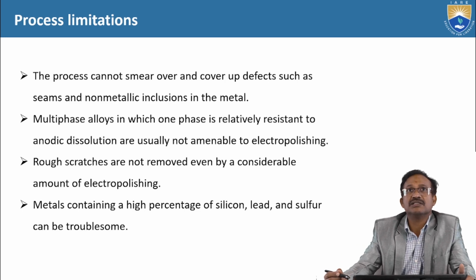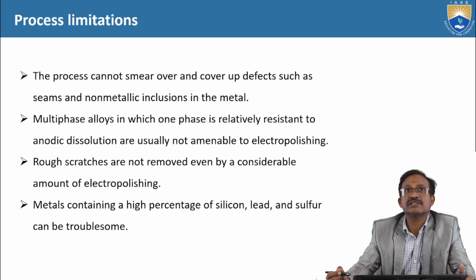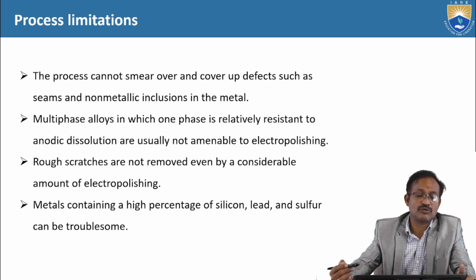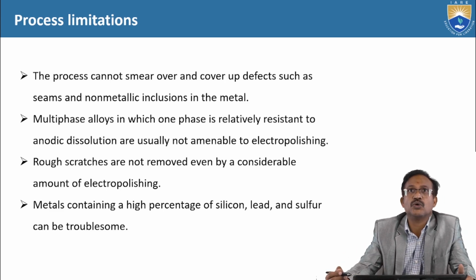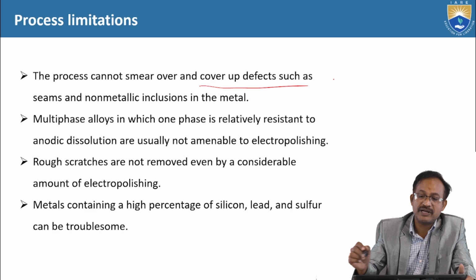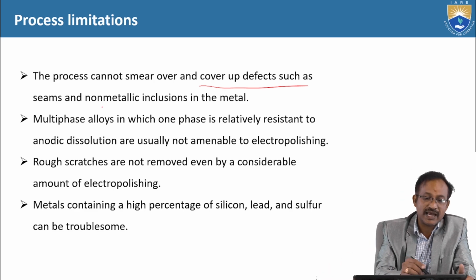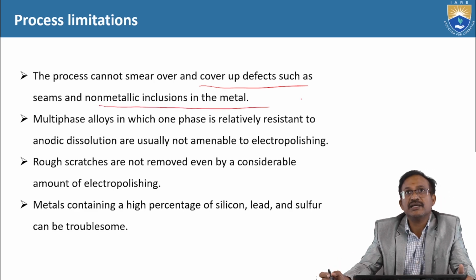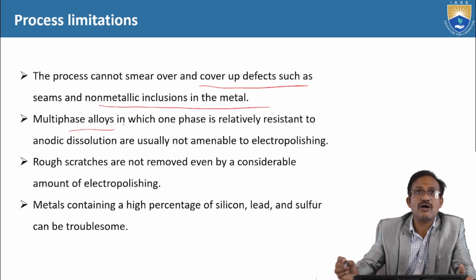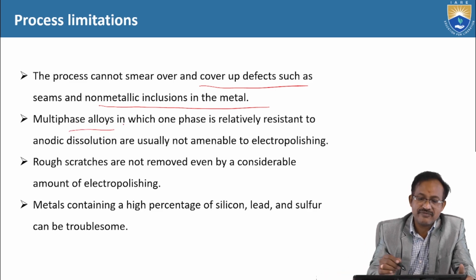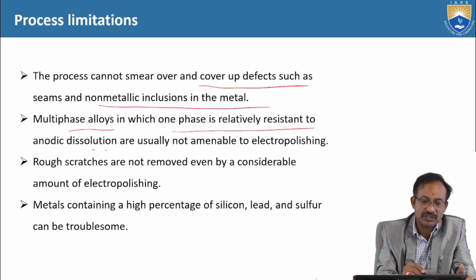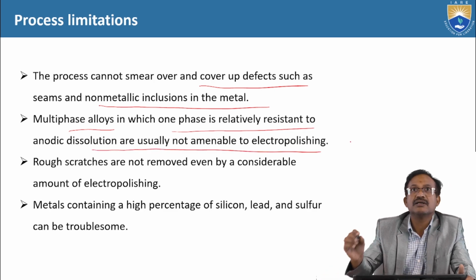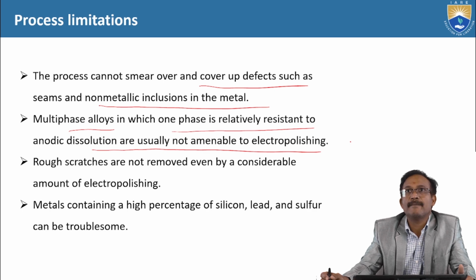Along with these applications, we have some process limitations too. Let us discuss these process limitations. The process cannot smear over and cover up defects such as seams and non-metallic inclusions in the metal. Multi-phase alloys in which one phase is relatively resistant to anodic dissolution are usually not amenable to electropolishing.